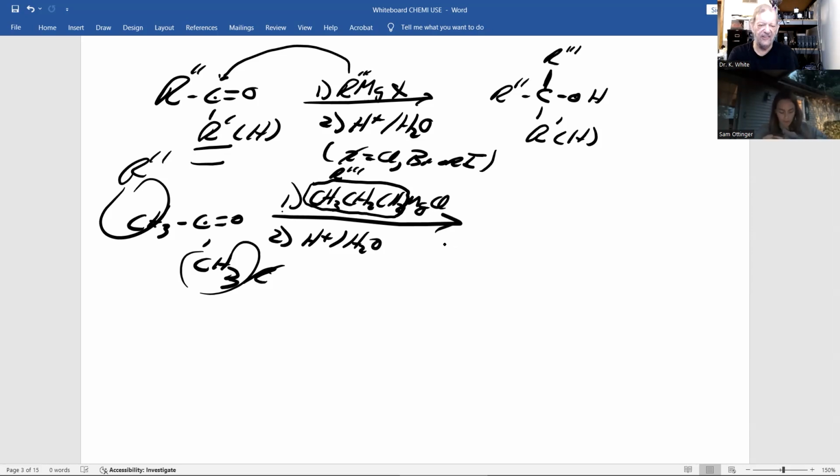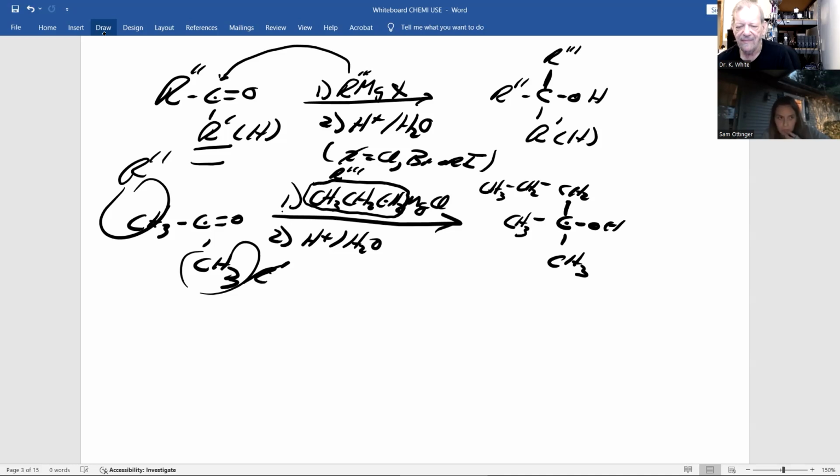And what's attached to that carbonyl is still attached to it, R prime, R double prime. And now my R triple prime, the carbon with the Grignard, is the carbon attached to the carbon with the alcohol now. And that's the molecule you get.